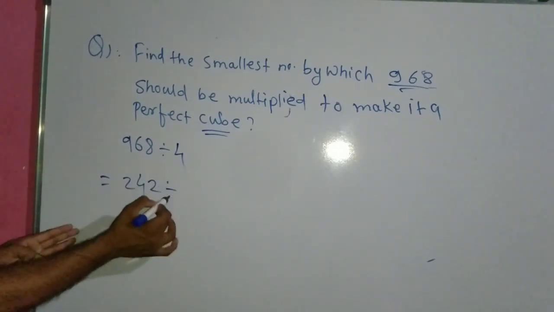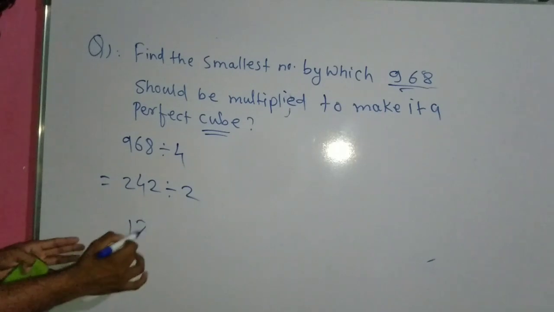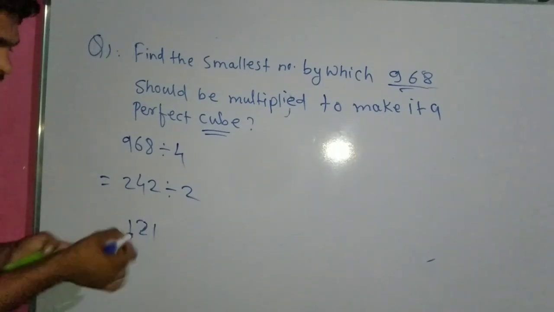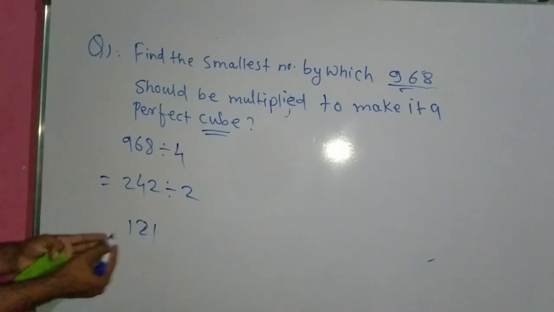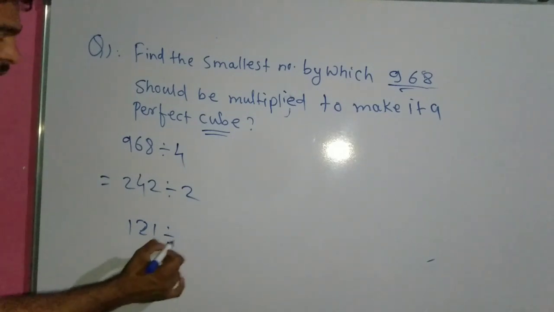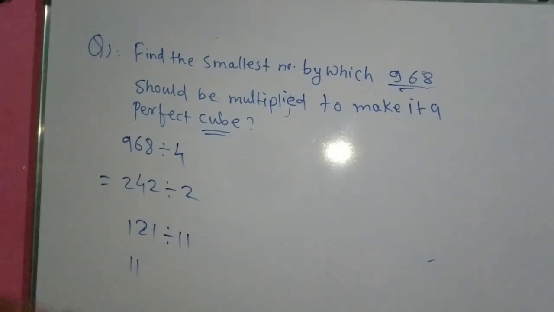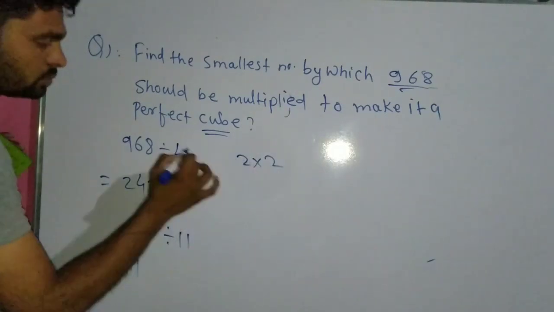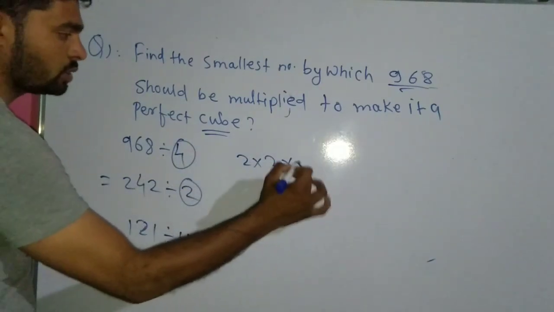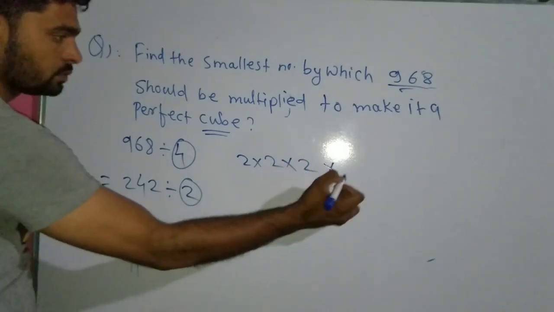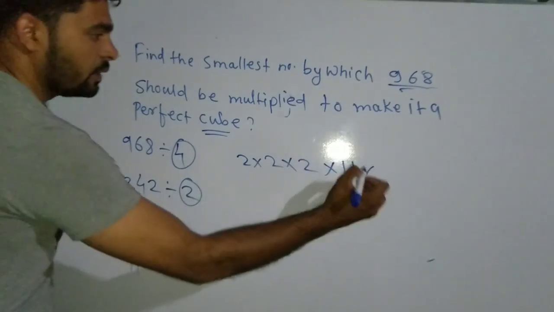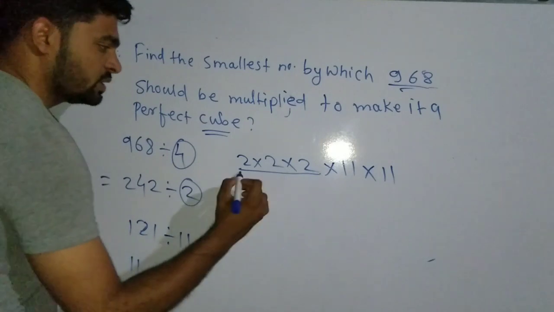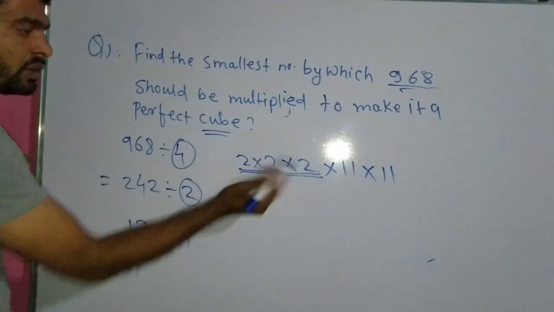Then divide again by 2, so 121. 121 is divided by 11, so our answer is 11. Now 2 multiplied by 2, I'll write 11 and this one 11. So cube means multiplied 3 times. It means that's a perfect cube.